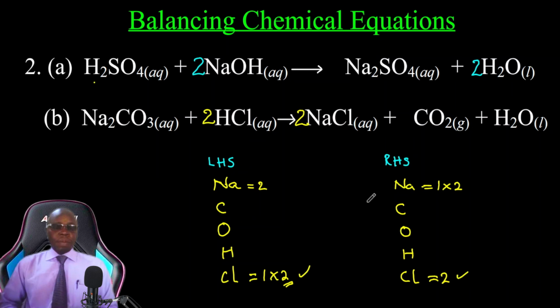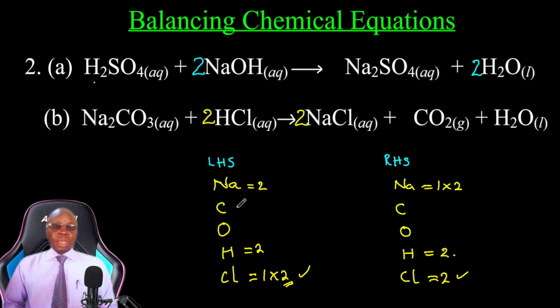Then we need to see the number of atoms of hydrogen. On this side we have only this hydrogen atom, and there are 2, so we can place 2 here. From the product side we see hydrogen is only in the water, and there are 2 also, meaning it is balanced.